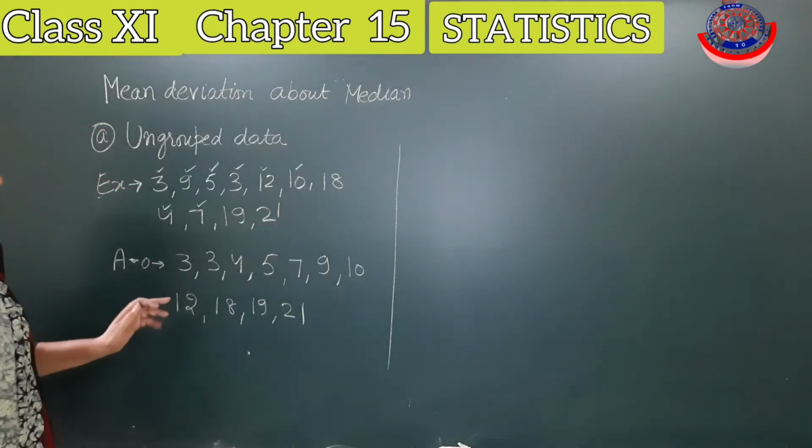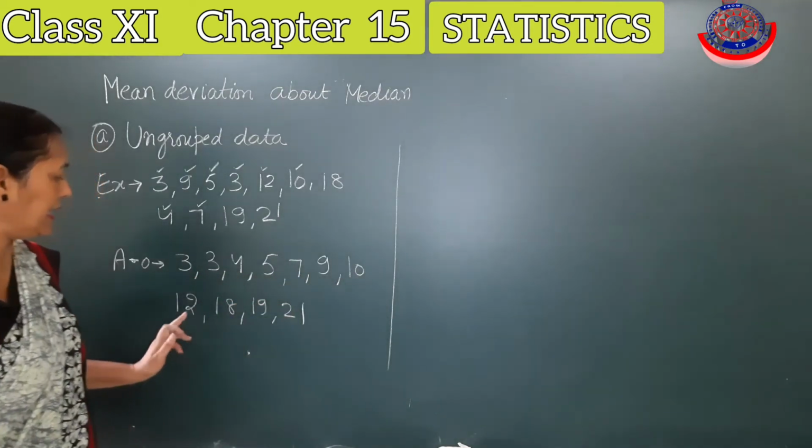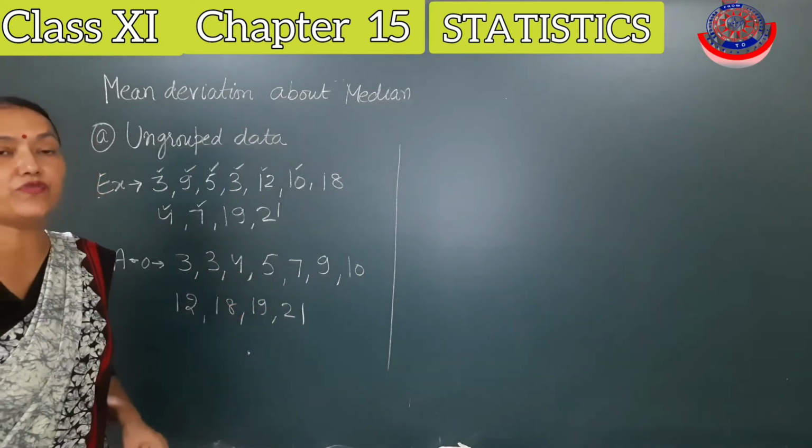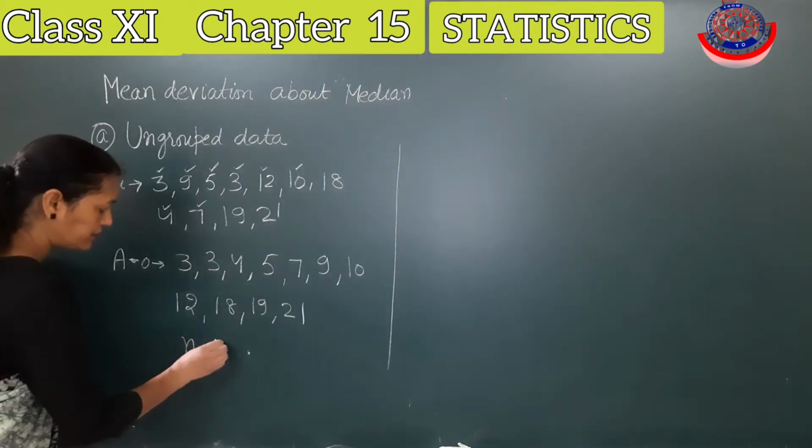Now calculate the number of observations: 1, 2, 3, 4, 5, 6, 7, 8, 9, 10, 11. So we have 11 observations, which means odd.